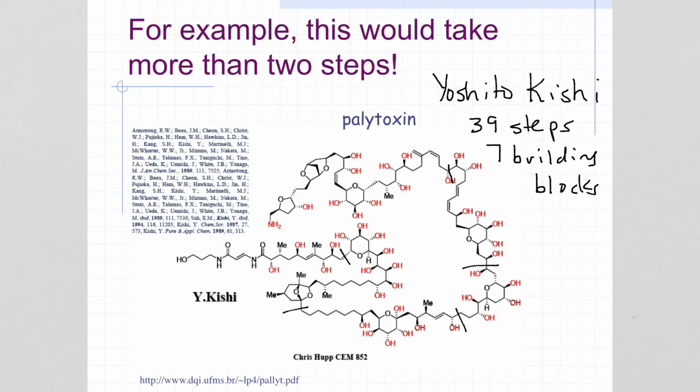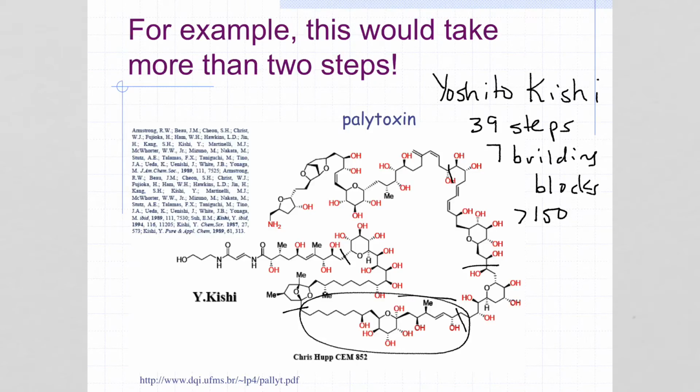But then to synthesize the individual blocks that they assembled it from, that hasn't actually been published, but it's been proposed that it probably took greater than 150 separate steps to synthesize those building blocks. So when it was published, this was called the Mount Everest of syntheses.